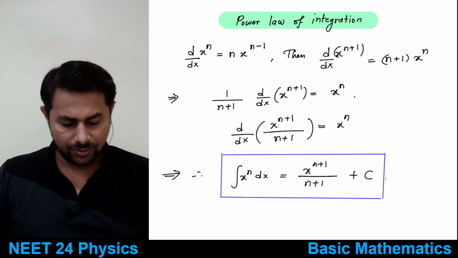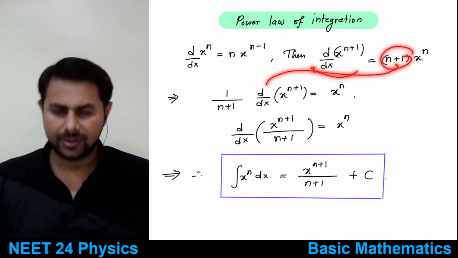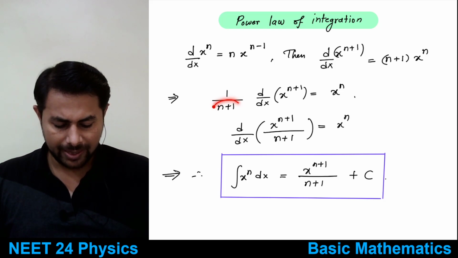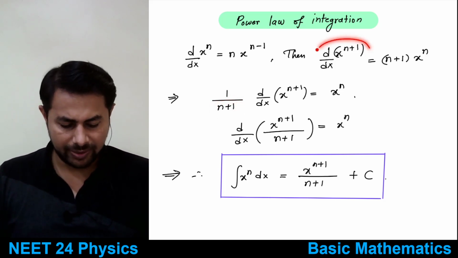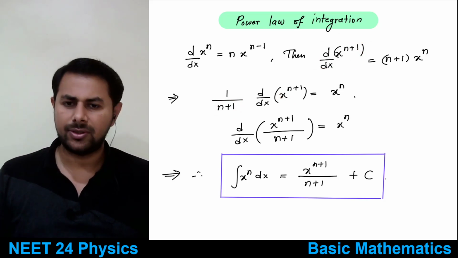Then I can take that n plus 1 to the other side, so it becomes 1 by n plus 1 multiplied by the derivative of this thing. Derivative of x raised to n plus 1 times 1 by n plus 1 is equal to x raised to n.